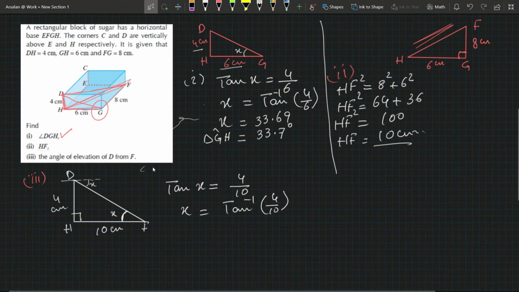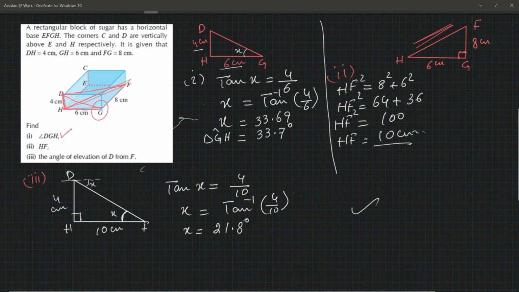The answer is 21.8. x is equal to 21.80, so it will be our final answer. And you see that's how we'll be solving three-dimensional questions. Okay, I hope the concept is clear by now and you can easily solve these questions.